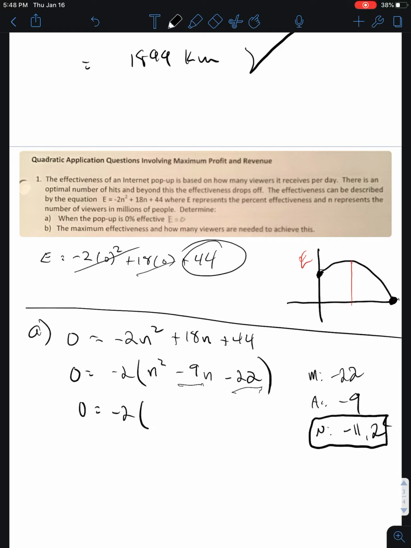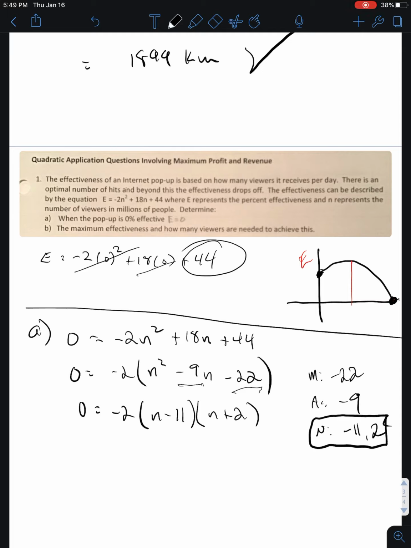And then with a simple trinomial, as soon as I arrive at those 2 numbers, I can just write the variable in front of both of them, and I'm done. So my factored form is n minus 11 multiplied by n plus 2.